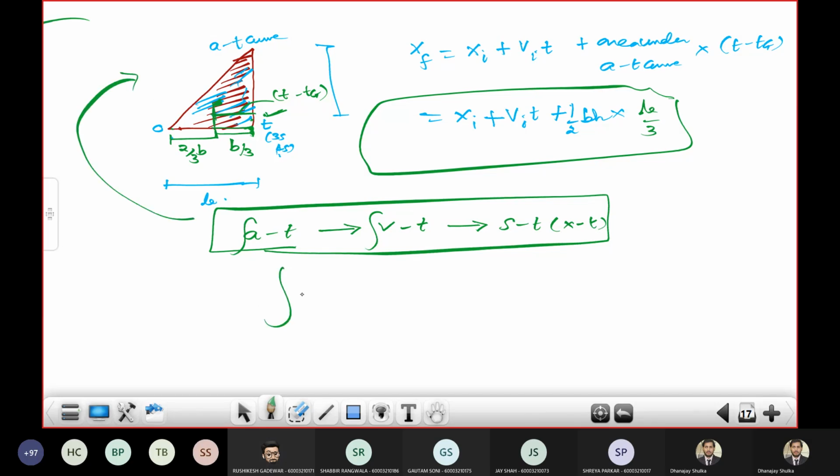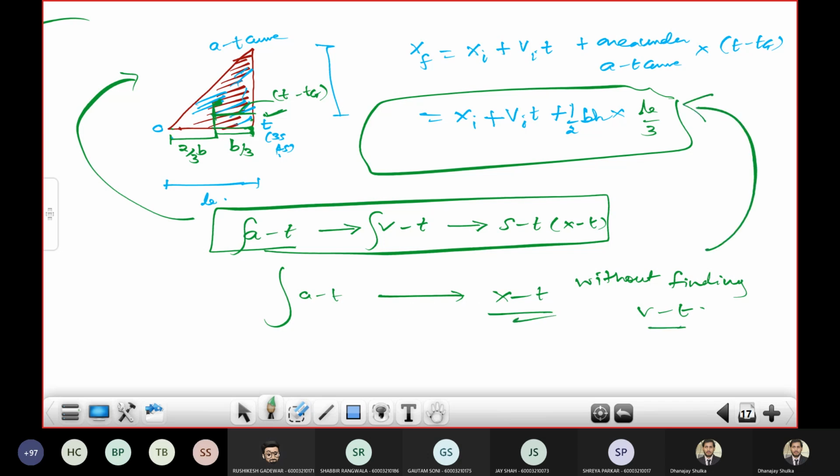You can directly get the XT curve from AT without finding VT. When you need to find the XT curve without finding the VT curve, you have to follow this procedure, that is the area moment procedure.